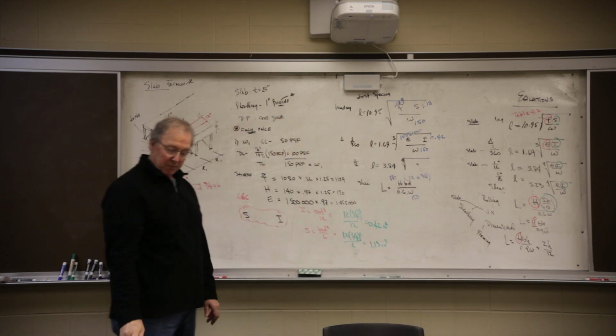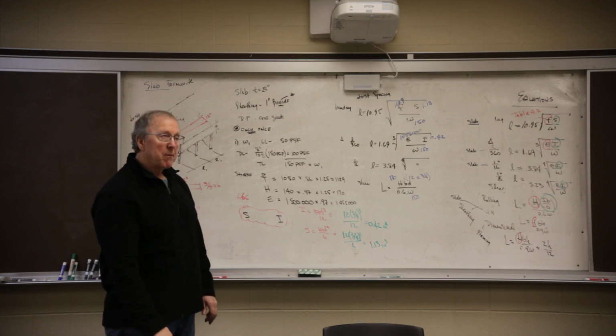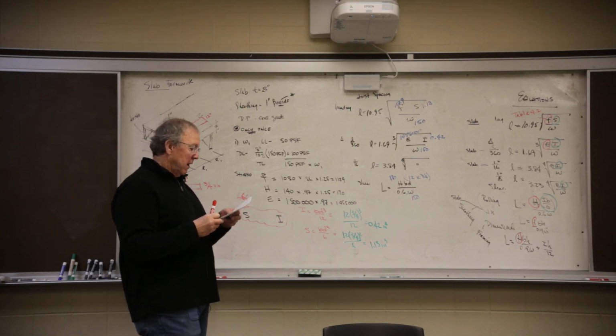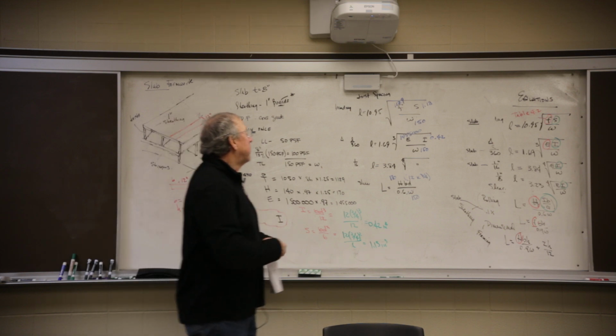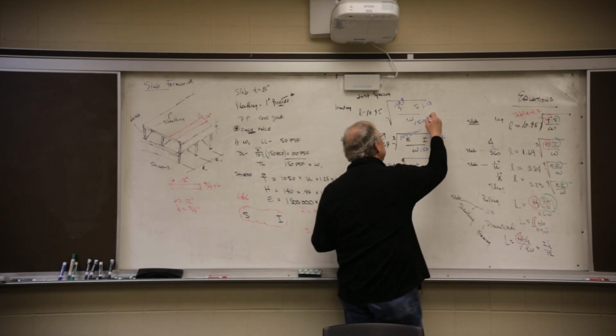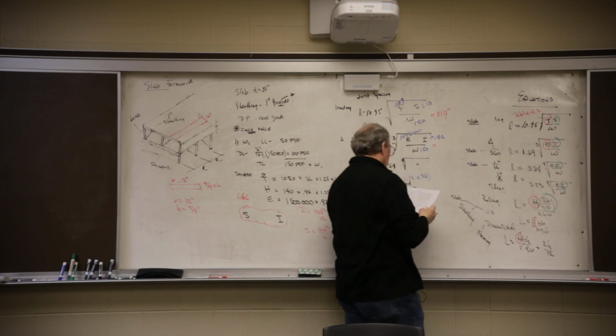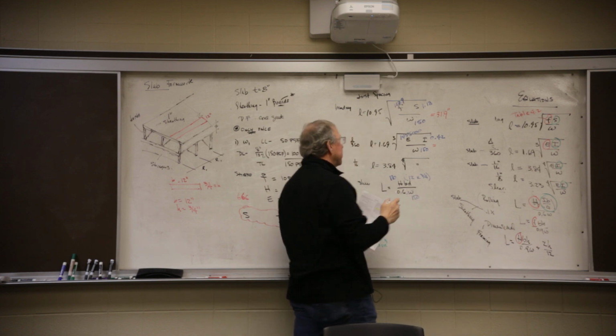All I have to do is multiply, and when I multiply those out, they should come out hopefully the same as they have. I got the 31.9 inches. Next one, 27 inches.